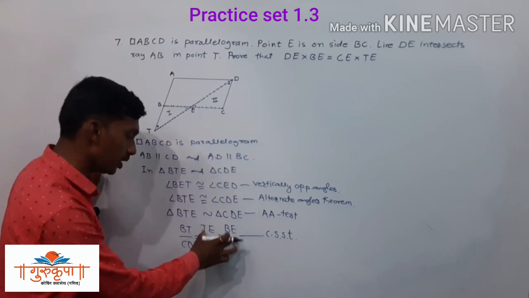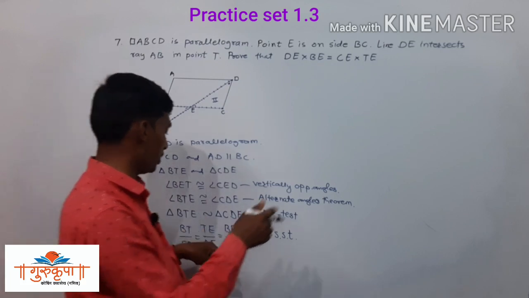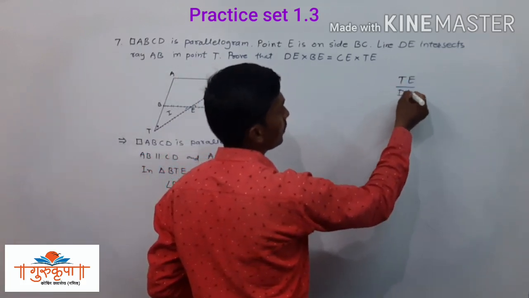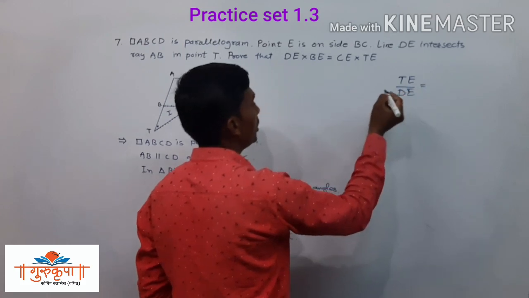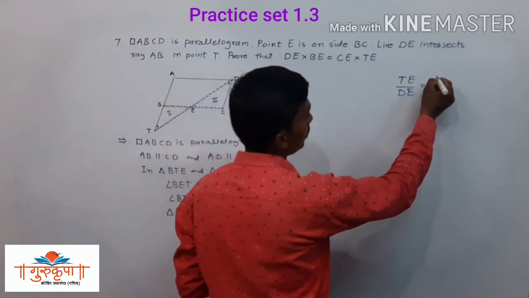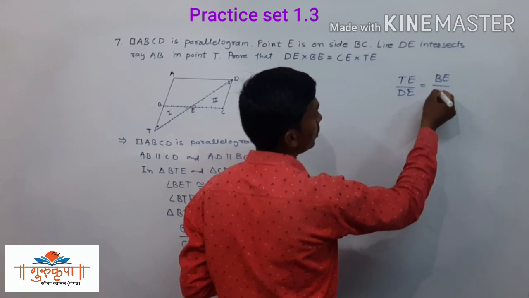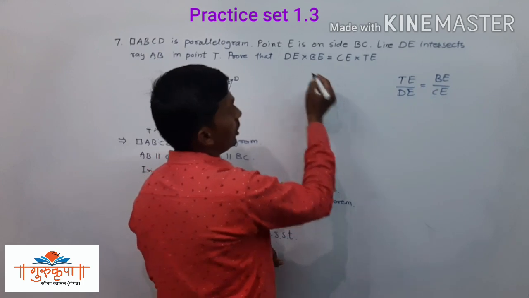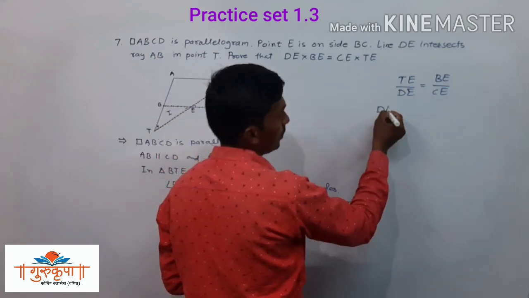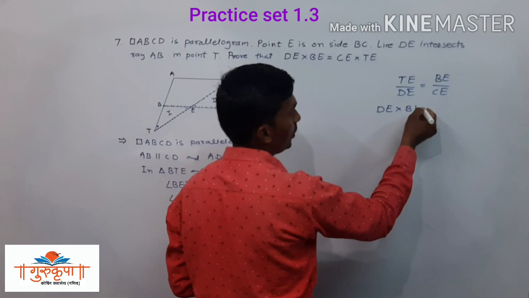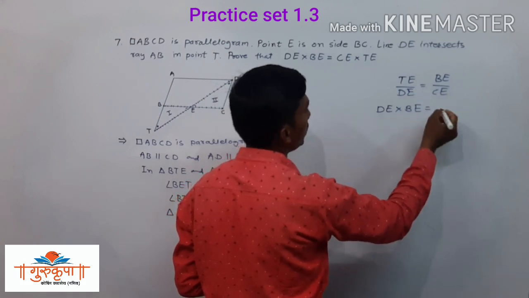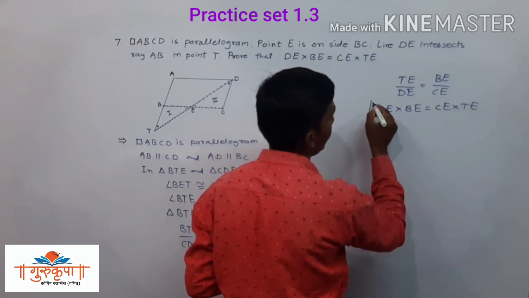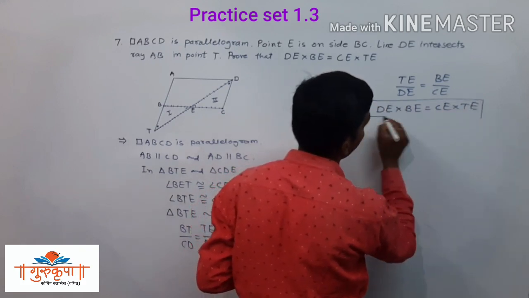Now we will write only two ratios and we will take cross multiplication. TE upon DE is equal to BE upon CE. And now take the cross multiplication, that is DE multiplied by BE is equal to TE into CE, and this is what we have to prove, and we can easily prove this.